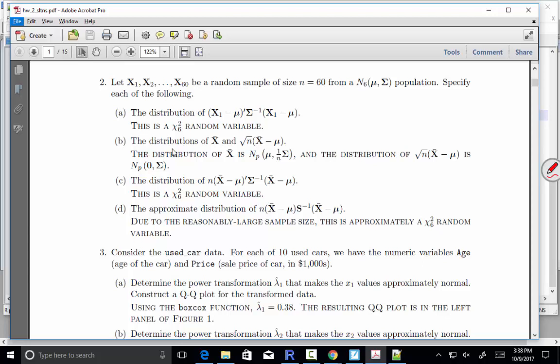The variance of x bar is 1 over n times sigma. So when I multiply by this square root of n, I cancel out that n in the denominator here. So the distribution is just multivariate normal with mean 0 because we shifted, and covariance sigma because we scaled.